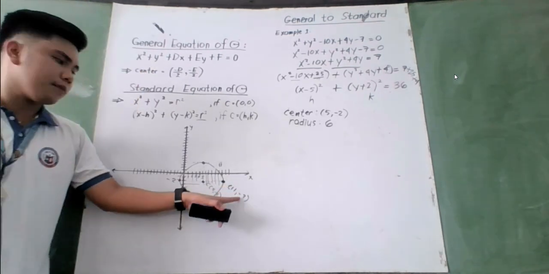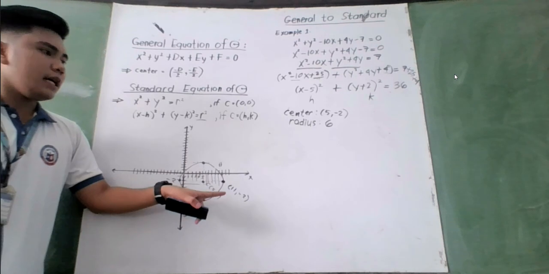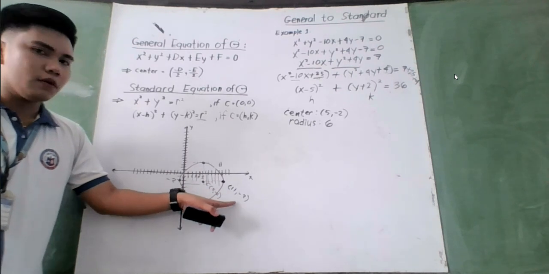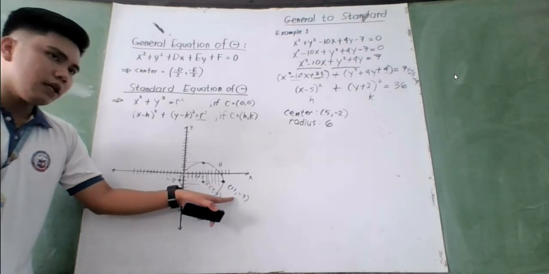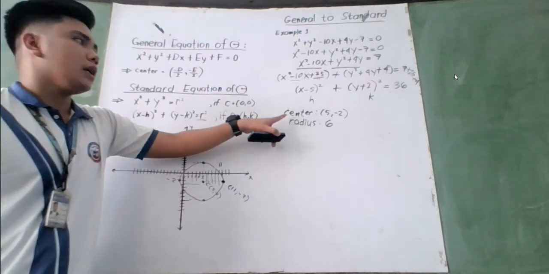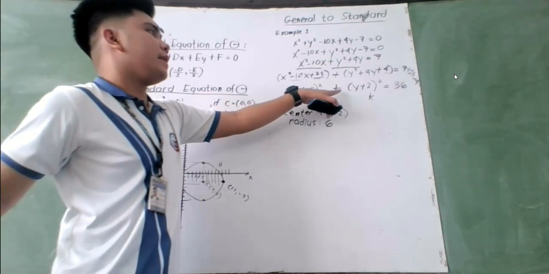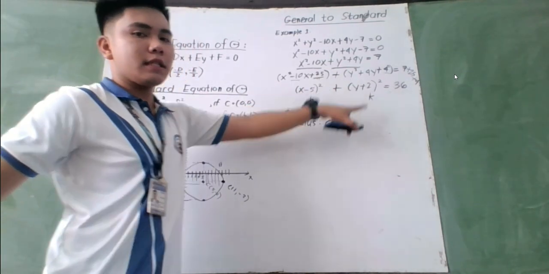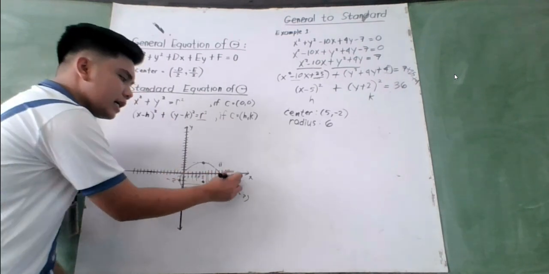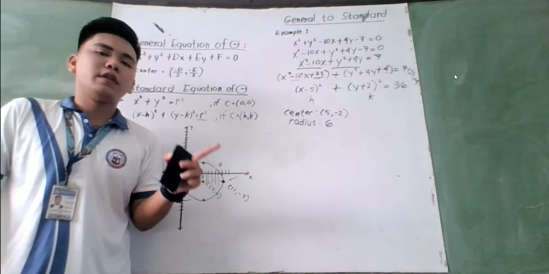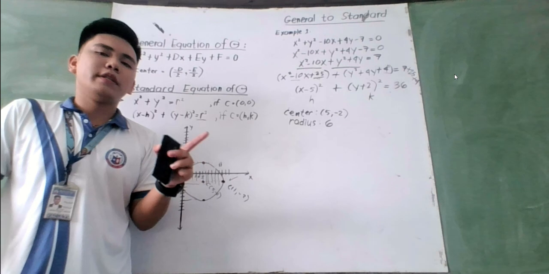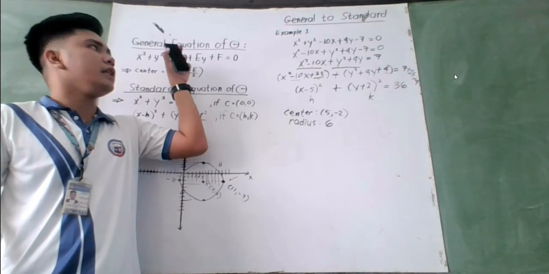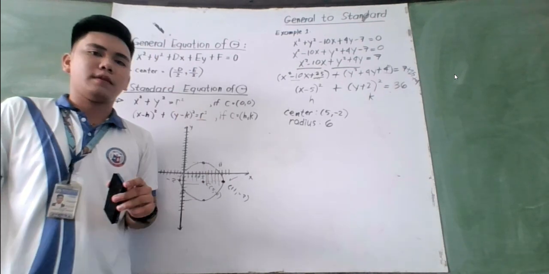So what if you are asked, is 11 comma negative 2 a point of the circle x minus 5 squared plus y plus 2 squared is equal to 36? Yes, it is a point or a vertex. Okay, so that is how you transform the general equation to standard equation.